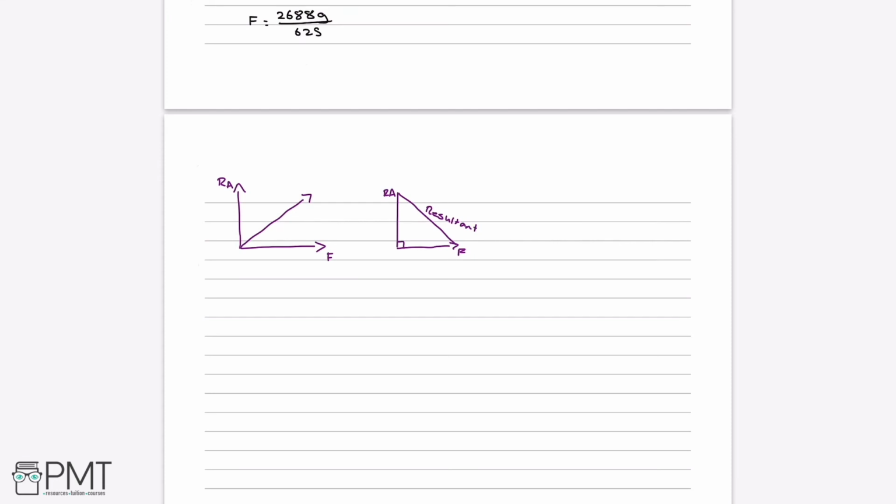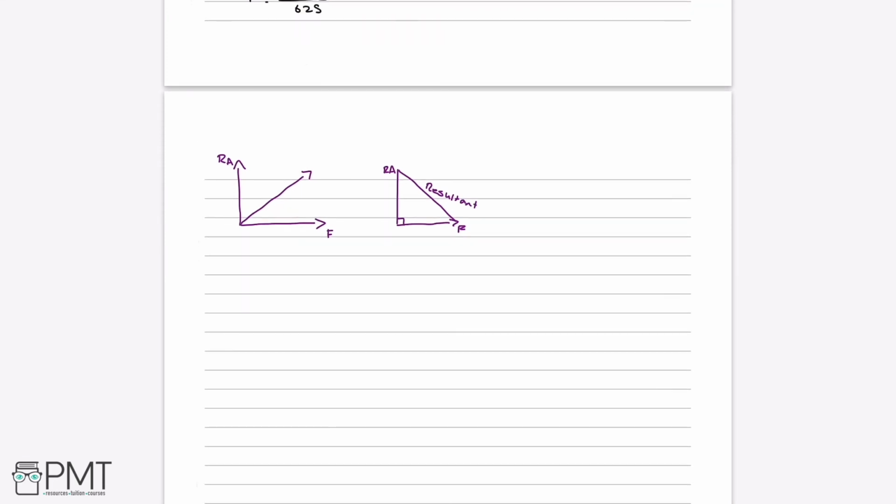And so using Pythagoras' theorem, we get that the resultant is equal to the square root of RA squared plus F squared.